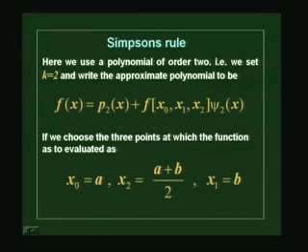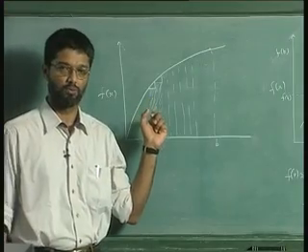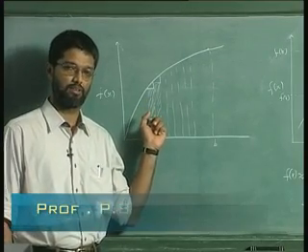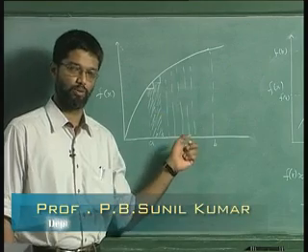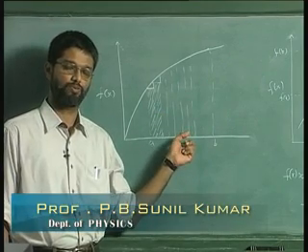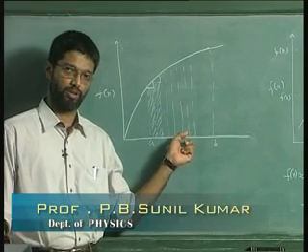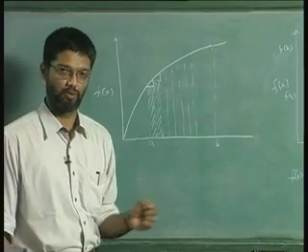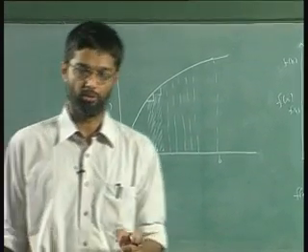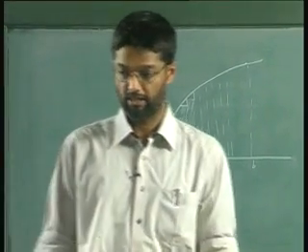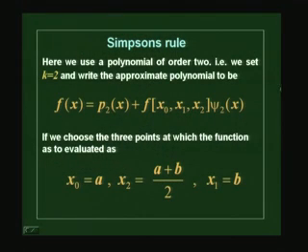Now, so far we have looked at the zeroth order polynomial, that is the case of the rectangular and midpoint rules, and then we looked at the first order polynomial, that is the case of the trapezoidal rule. Okay. So, now we will look at the order 2 polynomial, and that is the case of Simpson's rule.